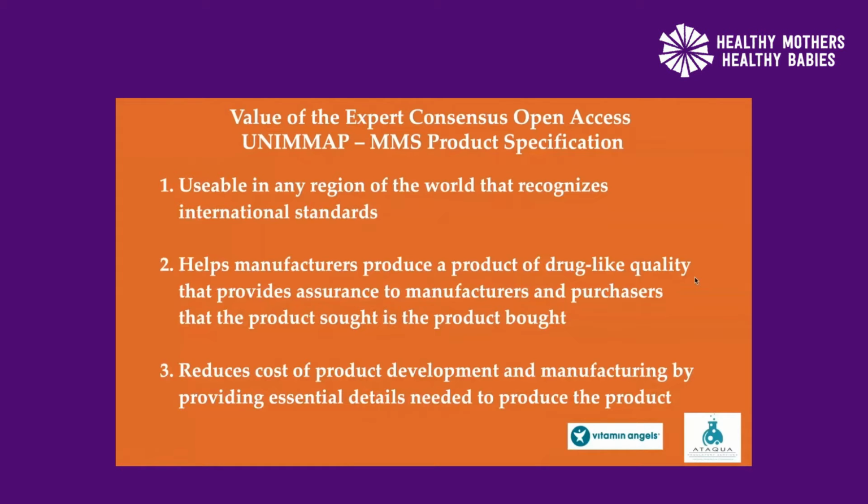Secondly, for countries that may have the capacity to market and sell into a regional marketplace, it helps manufacturers produce a product that is standardized in quality to drug-like standards, which will more likely support accelerated demand for the UNIMMAP MMS product. And thirdly, as previously mentioned, it reduces the cost of manufacturing by providing essential details needed to produce the product. Next slide, please.